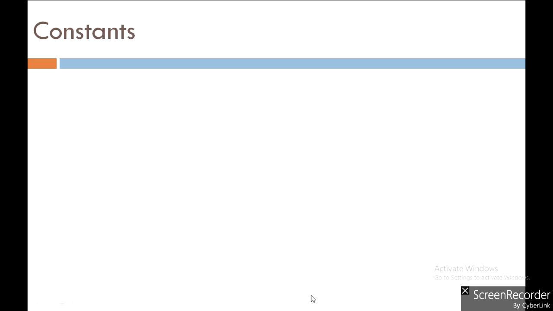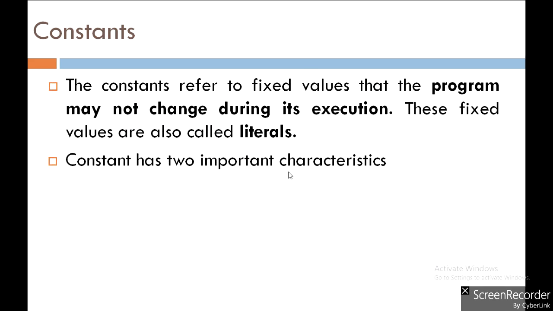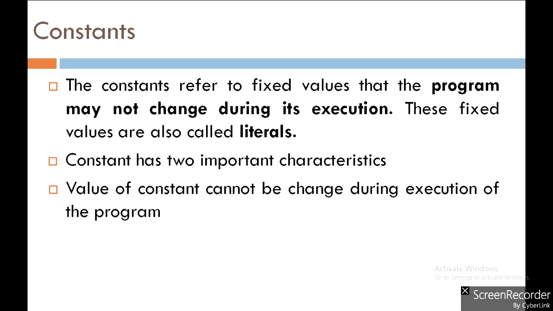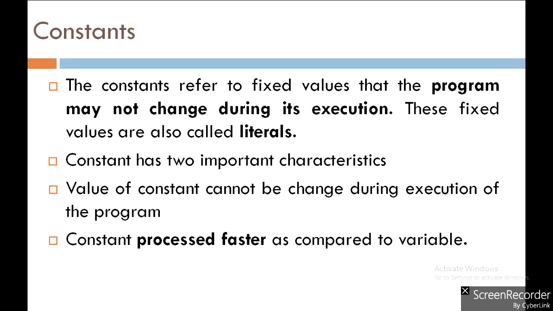Now next topic is constant. Constant refers to fixed value that the program may not change during the execution. These fixed values are also called literals. There are two main important characteristics of constant. First is value of constant cannot be changed during execution of the program, and second is constant is processed faster as compared to variable.